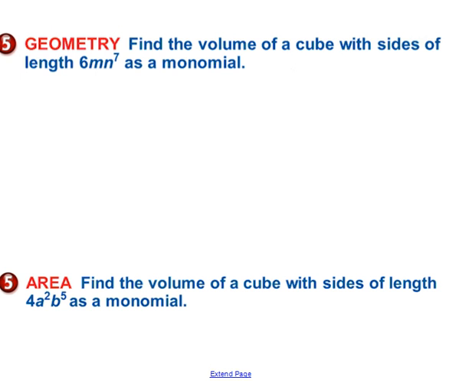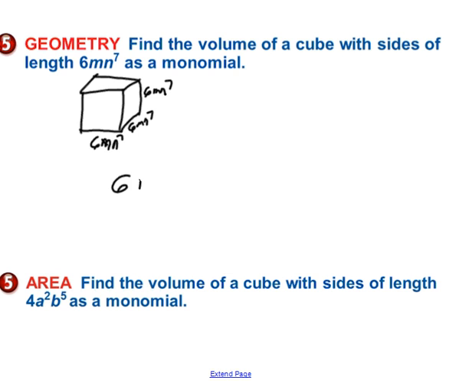All right. Find the volume of a cube with sides that have a length of 6mn to the 7th. If I've got a cube, to find the volume of a cube, I know that it is this side, which is 6mn to the 7th, times this side, which is 6mn to the 7th, times the height, which is 6mn to the 7th, because it's a cube.